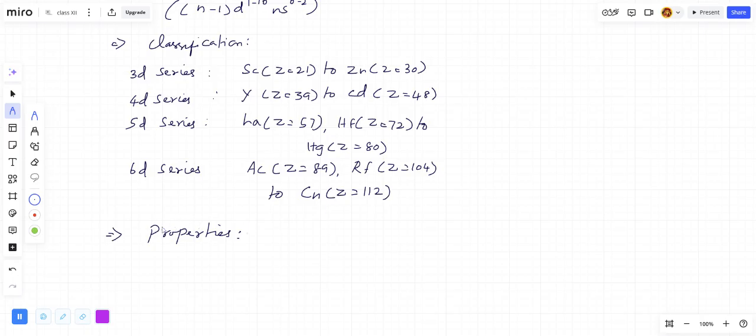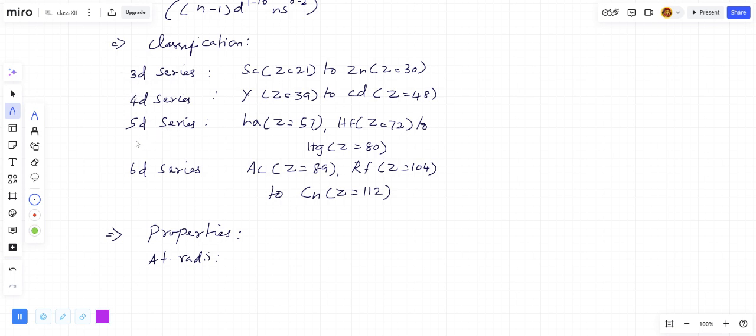Many properties are there, but only the important ones. First is atomic radii in the first, second, and third series, meaning the 3D, 4D, and 5D series.